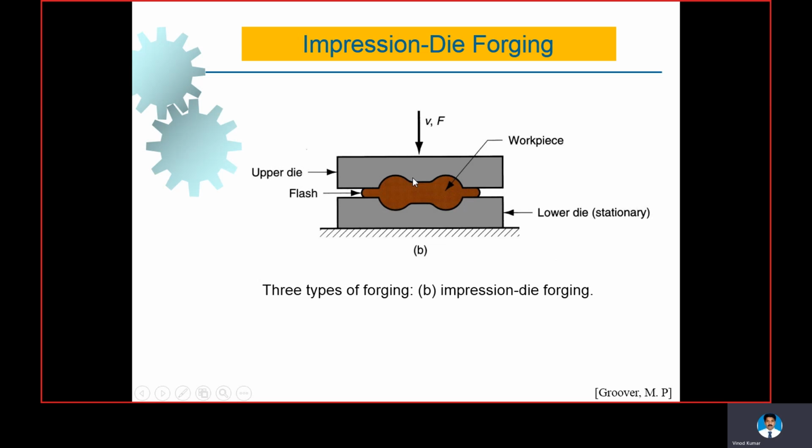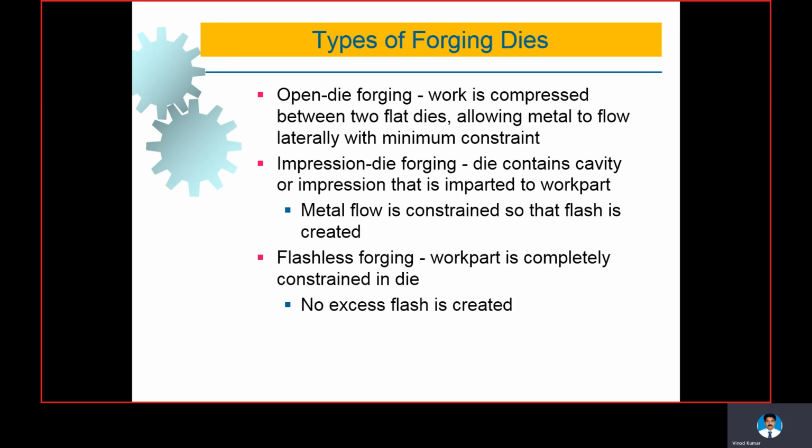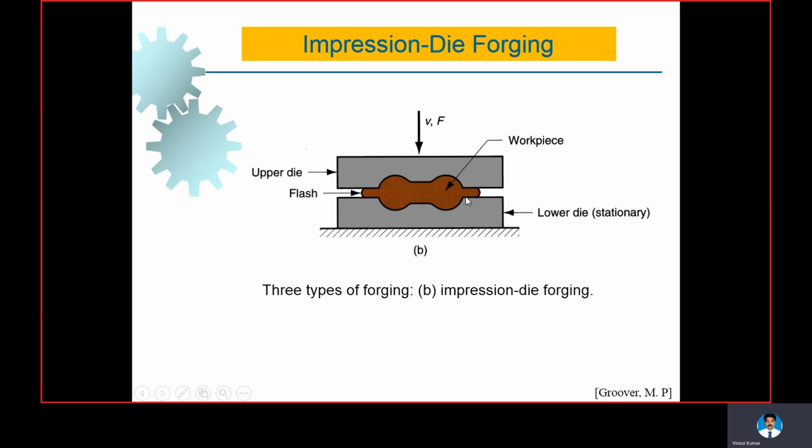Flow of the material takes place, but some material also will come out through the gap. This is called flash. Impression die forging is a very good forging technique in which a cavity or impression is imparted to the work part. Metal flow is constrained, but some additional material protrudes through the gap. This is called flash, which is unwanted and needs to be removed by metal cutting techniques.